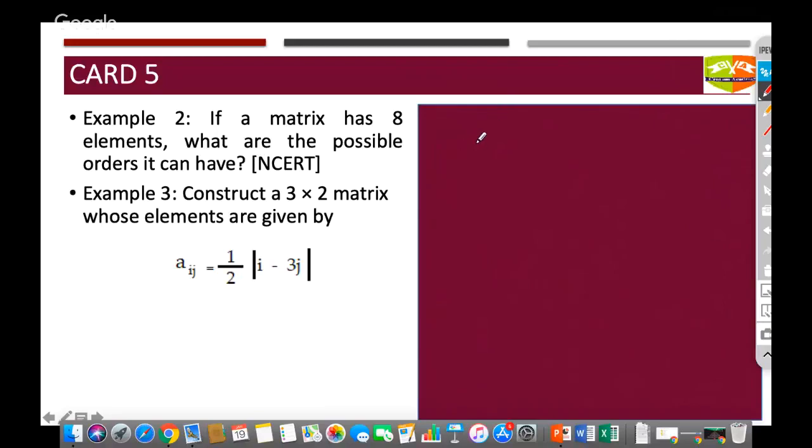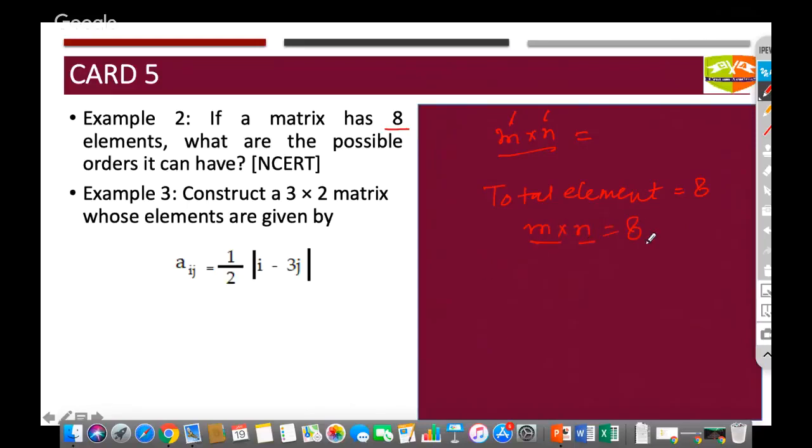This question can be done by factorizing 8, because 8 has to be represented. Any matrix would be of order m into n. Total elements is equal to the number of rows into the number of columns, so the total number of elements is 8, and I know that m into n is equal to 8.